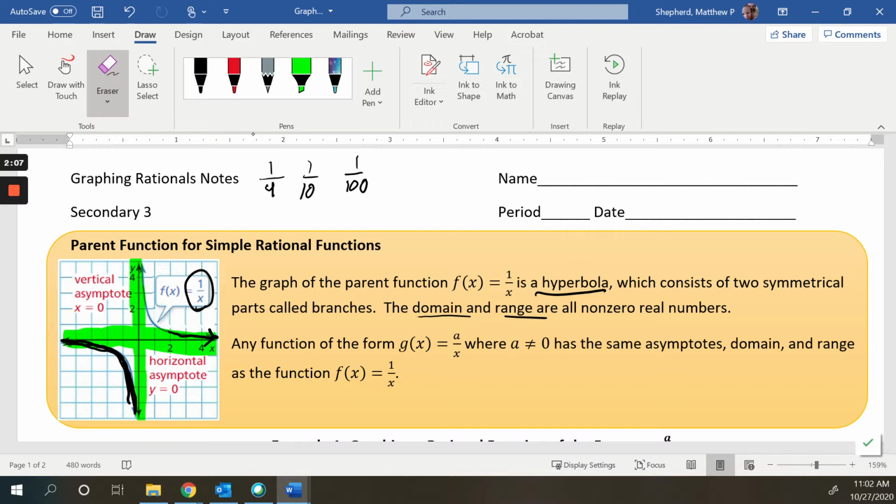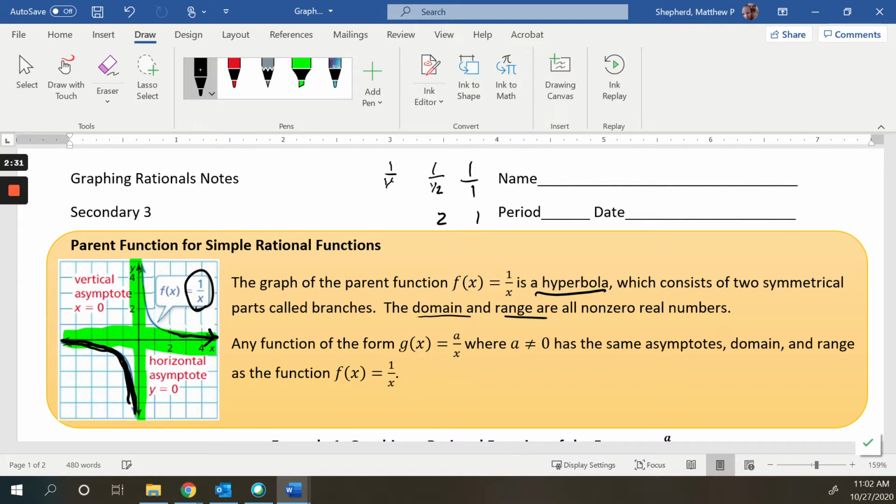Now, as it approaches 0, we see something else interesting. For 1 over 1, it would just be 1. But if we do 1 divided by a half, that would give us 2.